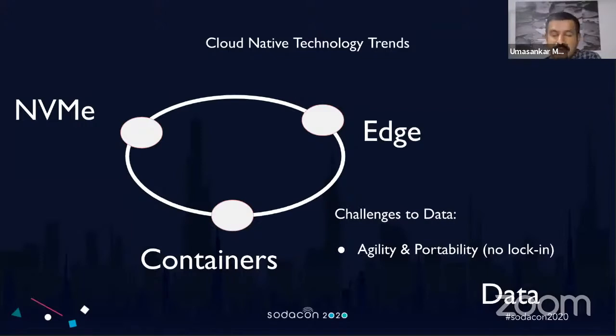So that's one thing, right? The other one is edge. In these modern days of communication, edge is already a reality. And then the other biggest thing that we all know is containers, right? The entire IT system is moving towards containers. So how are these three things coming together?